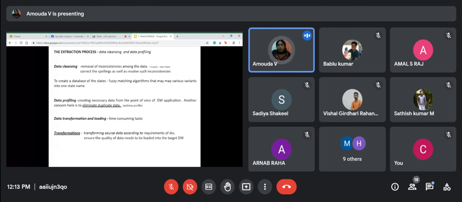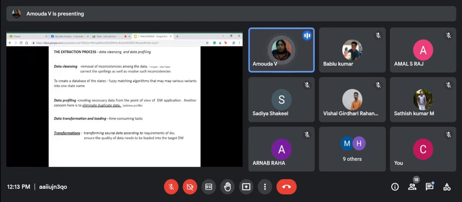Transformation is only about quality. You can ask me one question: Madam, you are saying desired data, relevant data, and all have the same meaning? No, 100% no. Slight differences will be there. You should understand what that is.